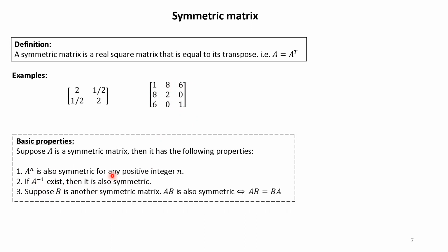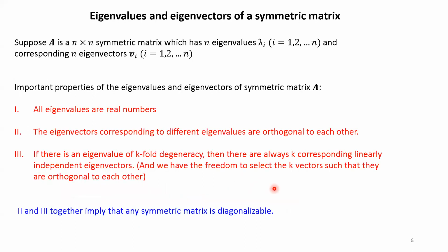Also, if there is another symmetric matrix B, and you do the product AB, where A itself is also a symmetric matrix, and you find that this AB is also symmetric, that is equivalent to saying that AB equals BA.